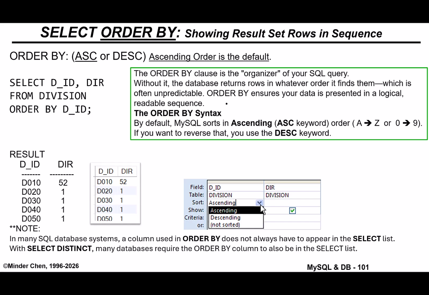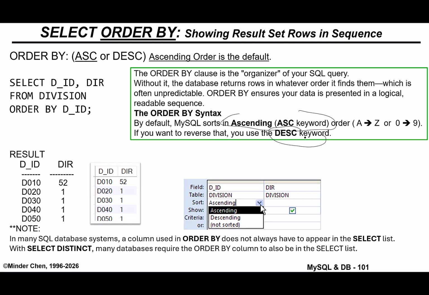In SQL, it is called order by, not sort by. It can be sorted in ascending order, which is the default, or descending order. Ascending, thinking price-wise, is low to high. Descending is high to low.